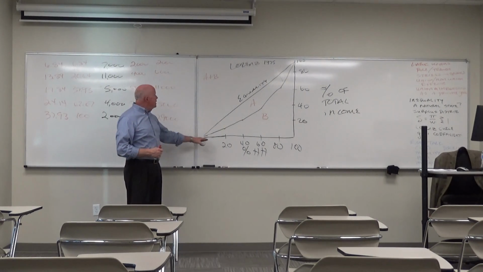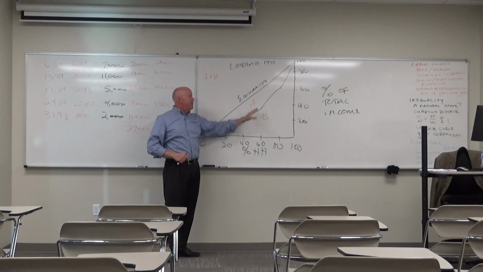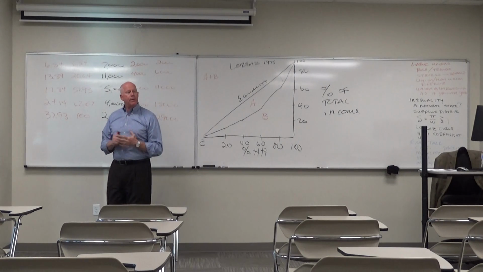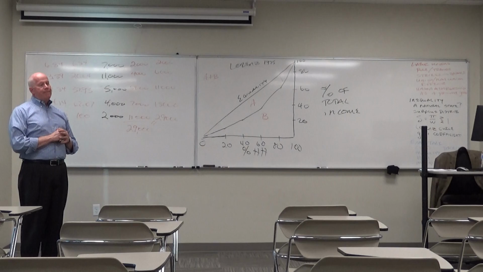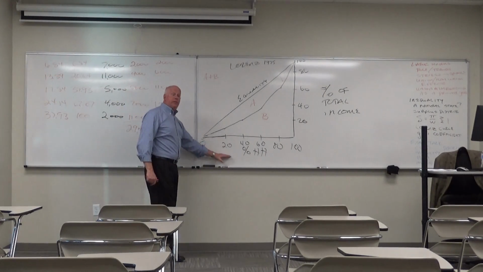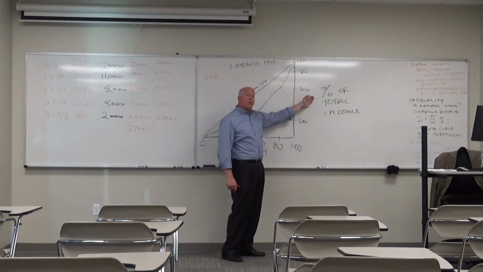Holly, is the area of A plus B constant if this is our construction? Yes. How do I know that? It's always going to add up to the same. Is this always going to be 100% on the x-axis? Should the y-axis always be 100%?